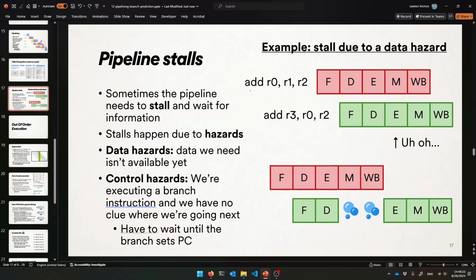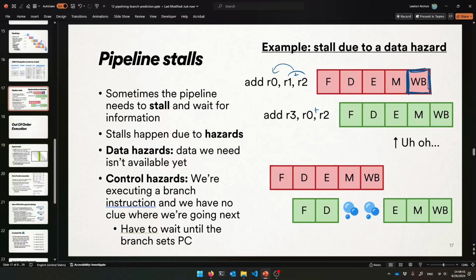So for example, if we want to do this, this adds R1 and R2, pretend those are register names, into register 0. R0 is going to hold the answer once this is finished, right? Once we hit the write back stage, R0 holds the answer. But this instruction that comes right after it, do you see that there's an issue?